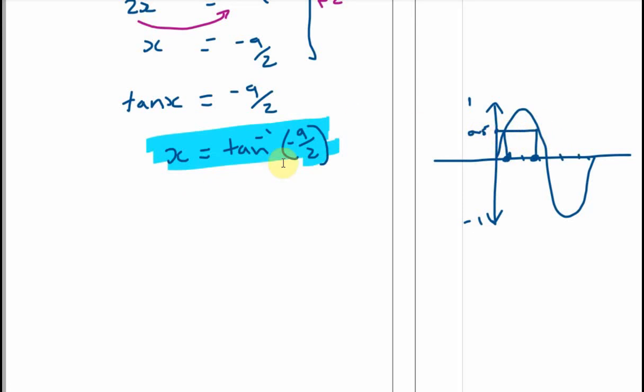So the first thing that's very important to do is no matter what, if this number is negative, doesn't matter, work out the positive number. So what I would do is then say tan to the minus 1 of 9 over 2 is equal to, I'm dropping my calculator. I would say that.